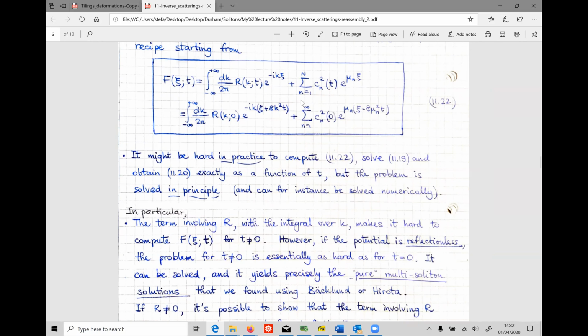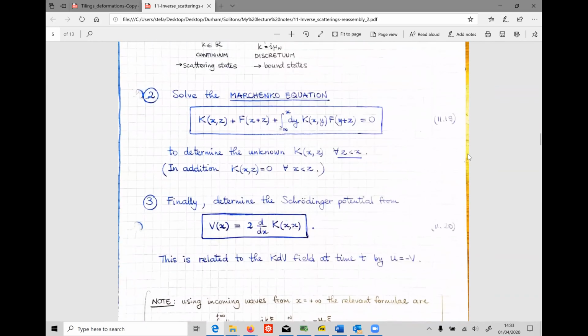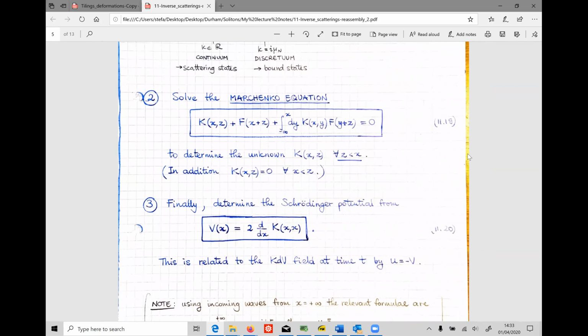And so in that case, especially if you correct the typo here, so instead of infinity you have n, you have a simple formula for F. One can take equation 11.22, plug it into the Marchenko equation, solve for the integral kernel k, and then compute the Schrödinger potential using 11.20. And so we obtain the KdV field at any given time t.